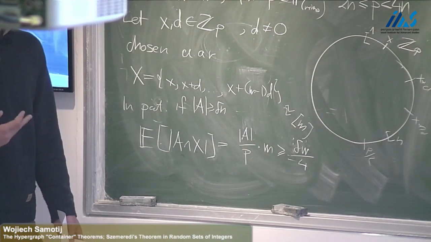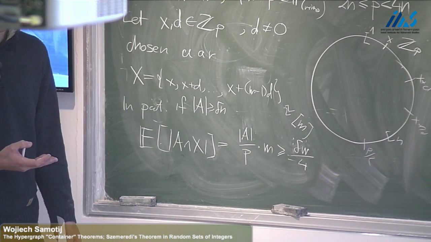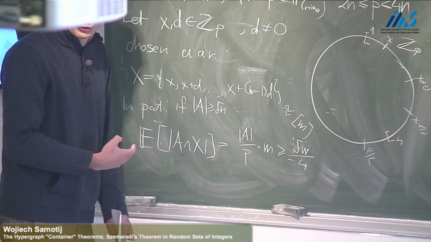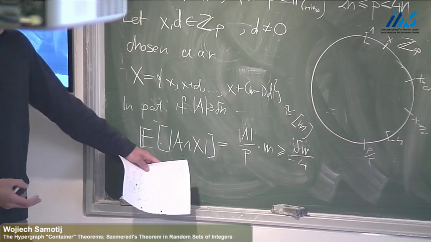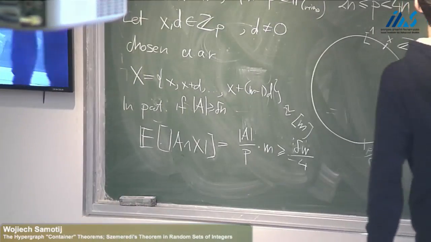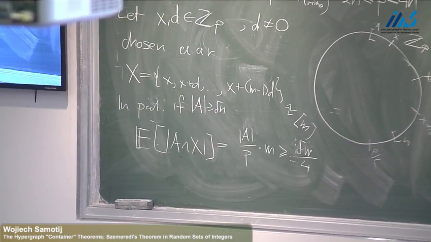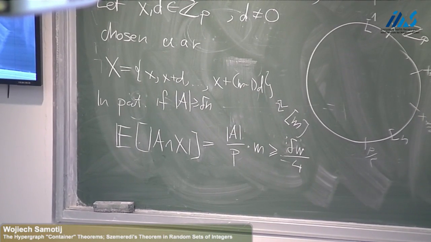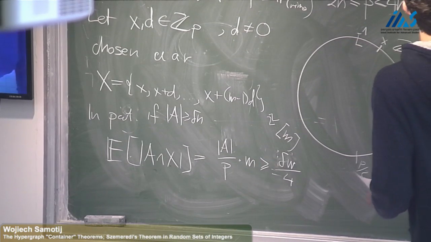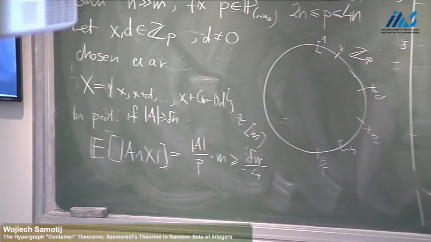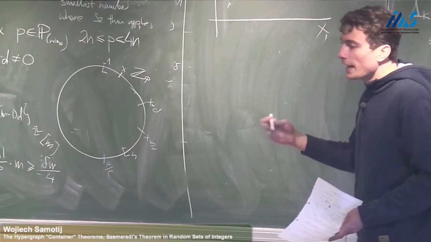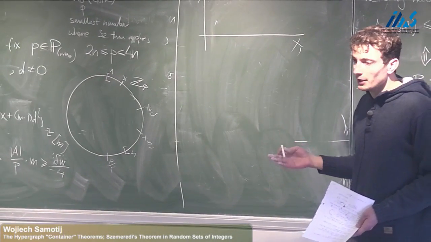And now, within the set X, I want to apply Szemeredi's theorem. But this is just a statement about expectation. So I need to also conclude that with some probability, I will see a set which is dense. For this, we can just use Markov's inequality, or even something simpler. Suppose this is all the choices of X, and certainly A intersection X cannot have more than m elements.